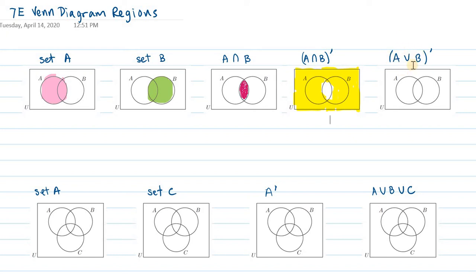If we look at this next example, (A union B) not, we want the complement of A union B. Well, A union B represents the area where it's all parts A and everything that's B. So all of the A circle in addition to all of the B circle. So that would be A union B. But we want the opposite of that.